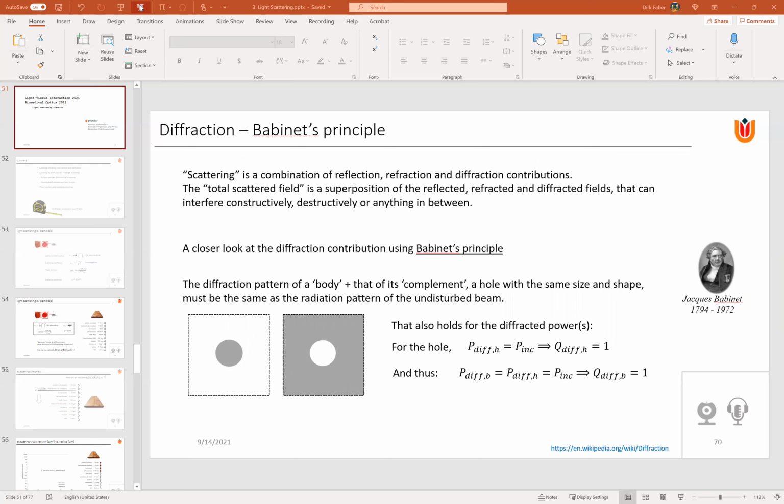Let's say you take a screen with a hole and look at the diffraction pattern, and you take a complementary particle, so not a screen, just a cut out of the screen.